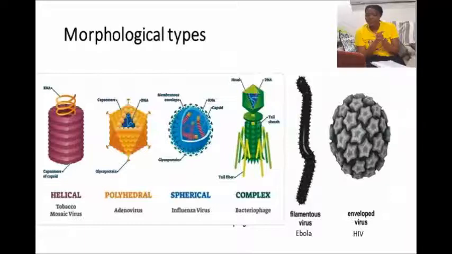And remember the icosahedron that I talked about. So you have the icosahedron head attached to sometimes just a filament, or sometimes that helical structure that I talked about earlier. So you have different parts forming the virus, and then at the end you have these little tails and fibers that look like legs.